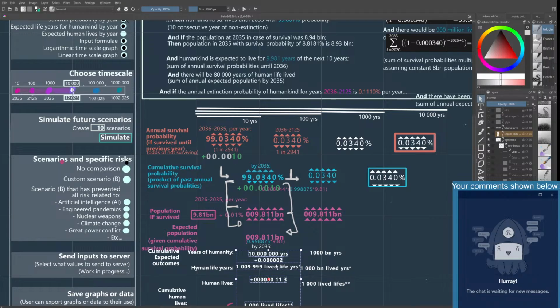I'm also thinking now, are these numbers going to be enough, is there going to be enough space here?